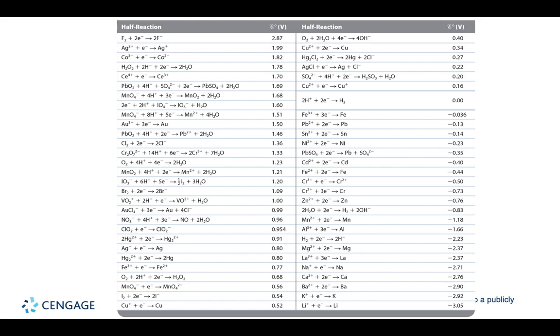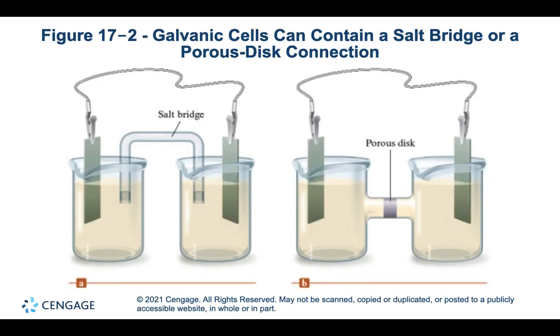We're doing oxidation and reduction reactions, but we're not letting them happen in the same beaker. We're separating them. And the side where the oxidation step, half reaction's happening, is the anode, and the side where the reduction step is happening is the cathode. And then we're going to get electrons flowing through the wire from the anode side to the cathode side.